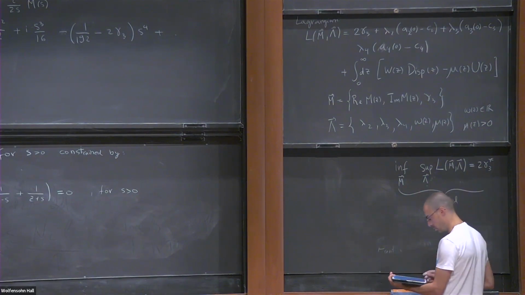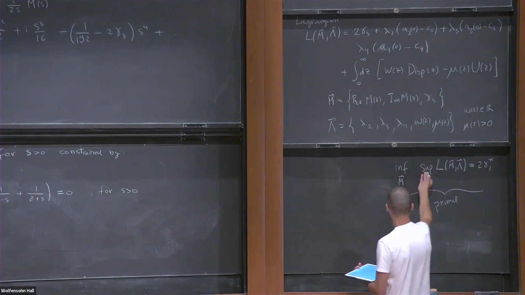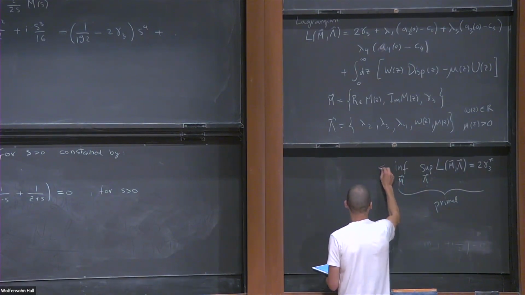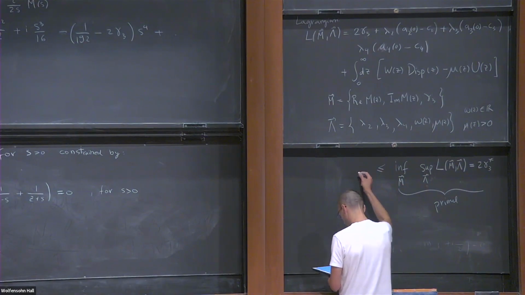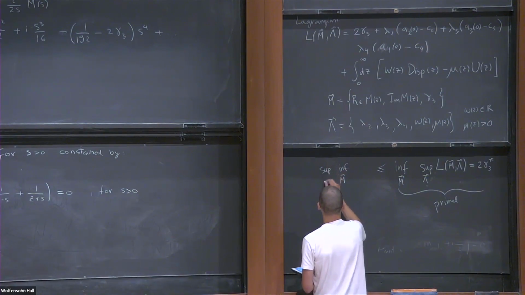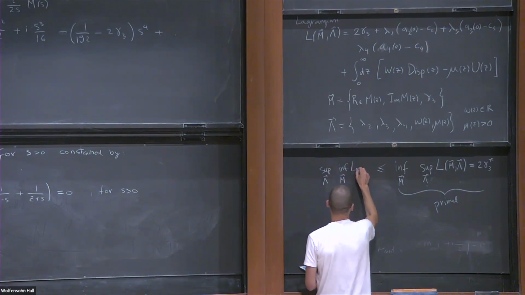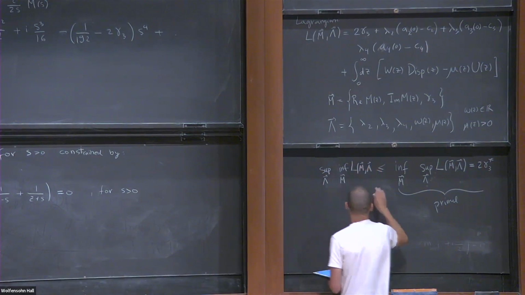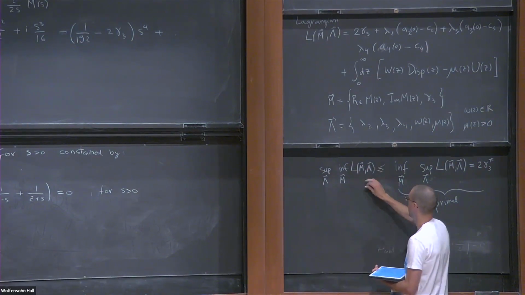Now, how do you get the dual? The dual is just exchange these two. Okay, and that is a known inequality called the max-min inequality. If you exchange these two operations, so you first compute the minimum or the infimum with respect to m, and then the supremum with respect to the other variables of the same Lagrangian, then this inequality is true.